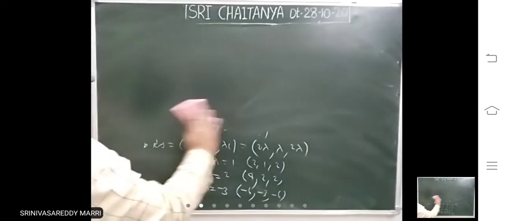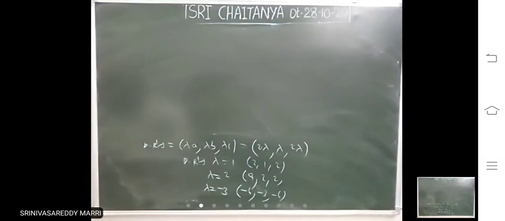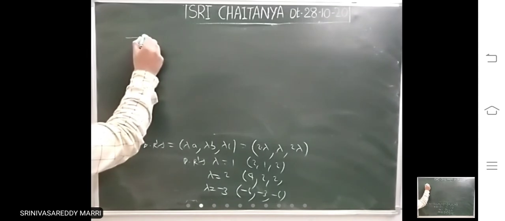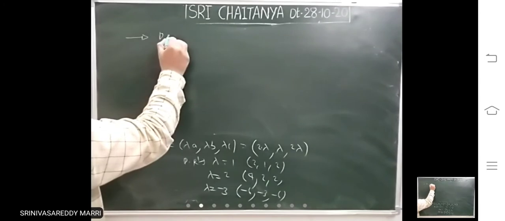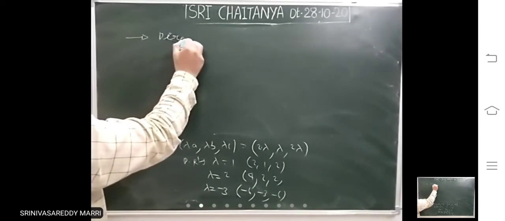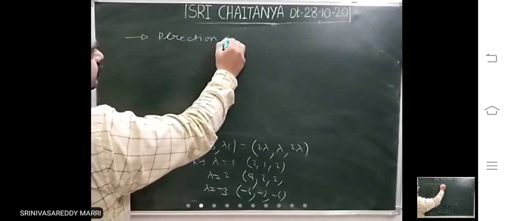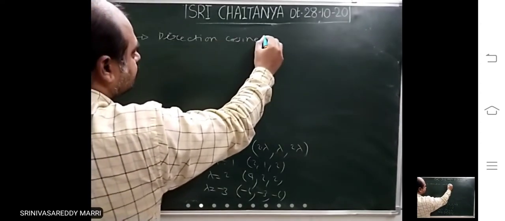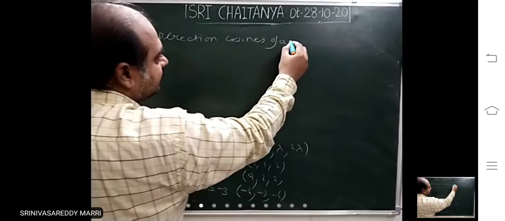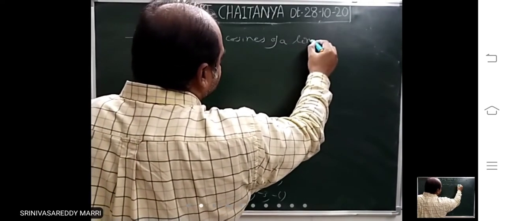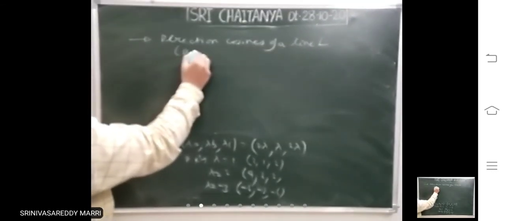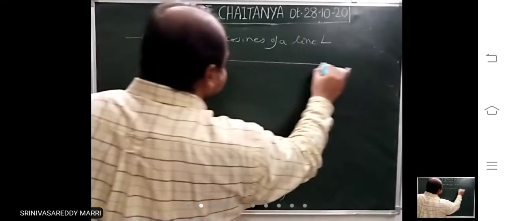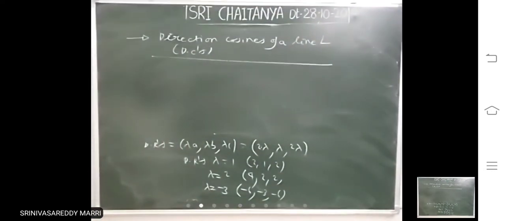Look at next. Next one is direction cosines of a line L. These are also called DCs of L. Now, if a vector is taken, you will get DRs.